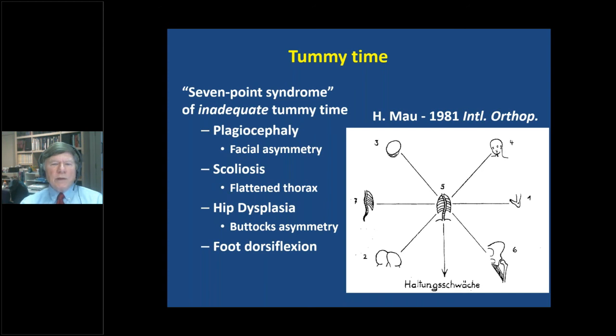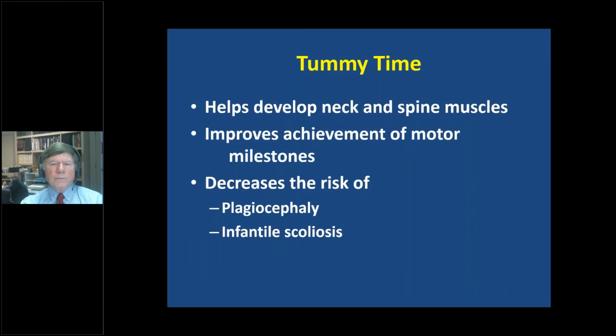The 7 points are plagiocephaly from inadequate tummy time, and combined with that are facial asymmetry, scoliosis, particularly infantile scoliosis, a flattened thorax, and hip dysplasia or buttocks asymmetry. And here we have the foot dorsiflexion that we talked about, which can be more severe than that. But those are the 7-point syndrome that Mau talked about.